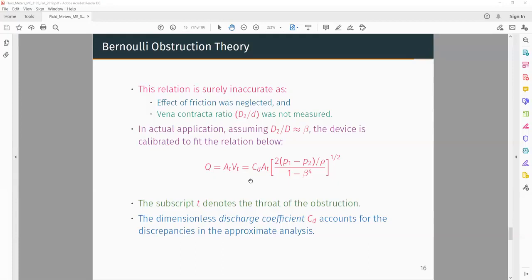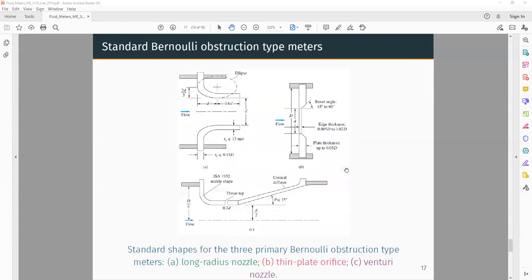So this is the equation by which Bernoulli obstruction theory flow meters operate. In real life, we face three types of Bernoulli obstruction type flow meters. The first one is the long radius nozzle. Second one is the thin plate orifice, and third one is the venturimeter.